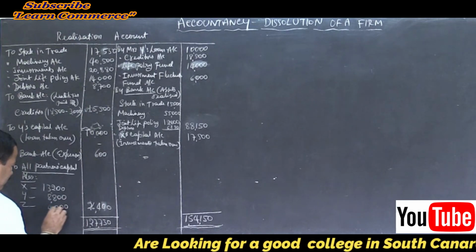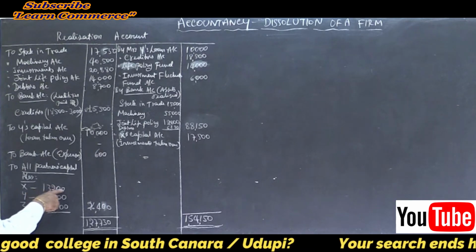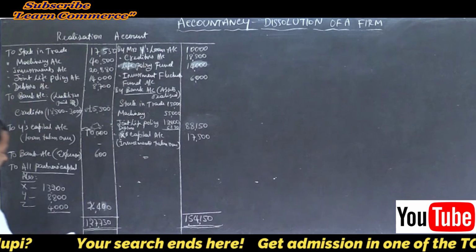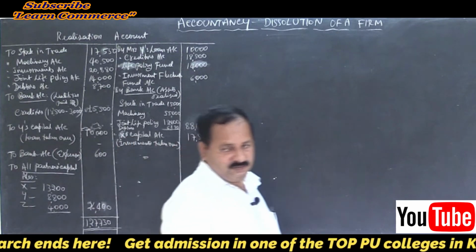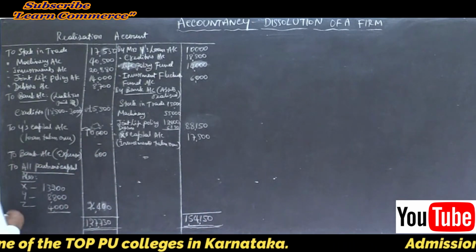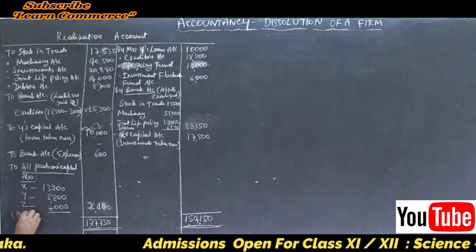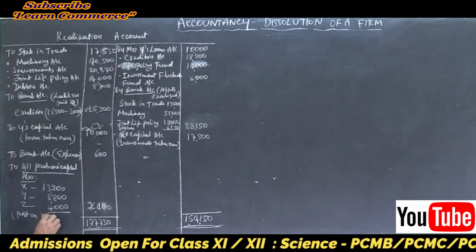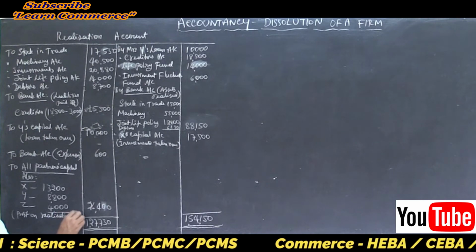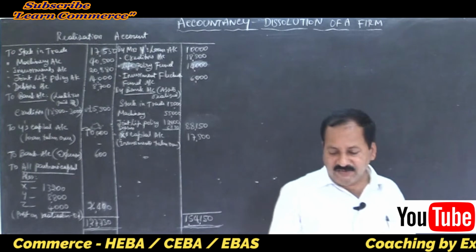So show the calculations here. 26,400 into 3 by 6 is equal to 13,200. Like that, show the calculations and write like this. So right below that, profit on realization, balancing figure. Profit on realization, not revaluation. Remember, balancing figure. That's all. Your realization account is done.